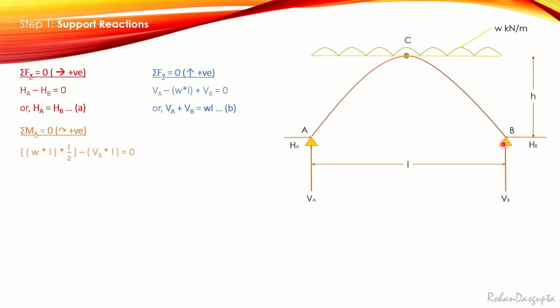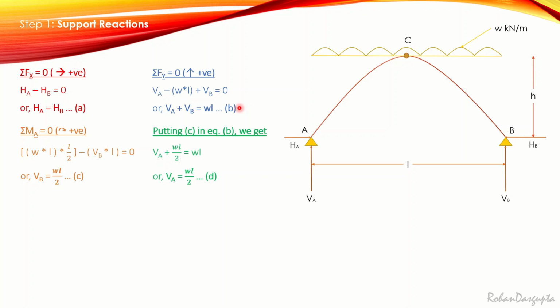This VB load will have an anti-clockwise moment about A, hence it is minus, and the perpendicular distance between VB and A is L. So therefore WL into L by 2 minus VB into L equals 0, and if you solve this, you will directly get that VB equals WL by 2. Now if you put the value of VB equals WL by 2 in equation B, you will get that VA is also equal to WL by 2.